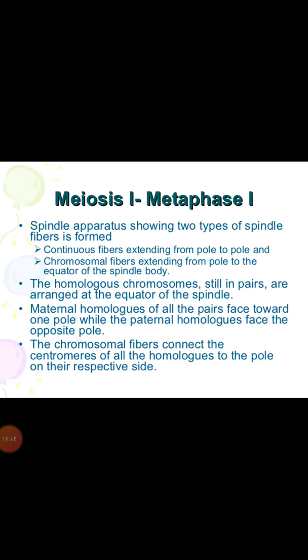The homologous chromosomes, still in pairs, are arranged at the equator of the spindle, and the maternal homologues of all pairs face toward one pole, while the paternal homologues face the opposite pole. The chromosomal fibers connect the centromeres of all homologues to the pole on their respective sides.